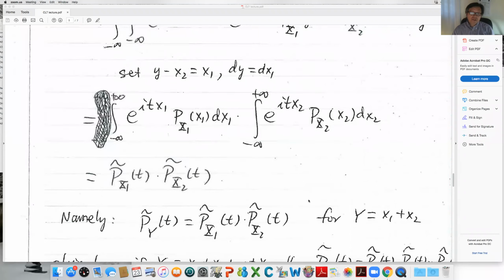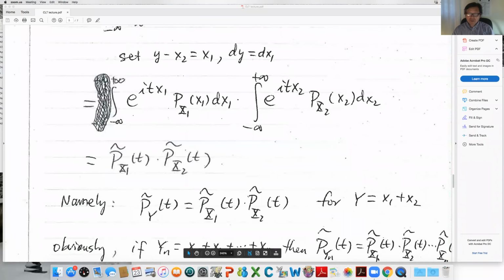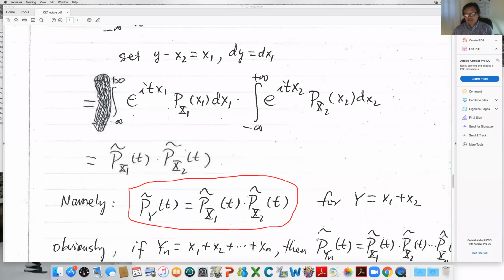Okay, so namely, what we have arrived at is a major deal. That is, x1 is a random variable. In this case, I said it's from Rhode Island. And x2 is some guy my age from California. And y is the sum of two random variables from Rhode Island and California.